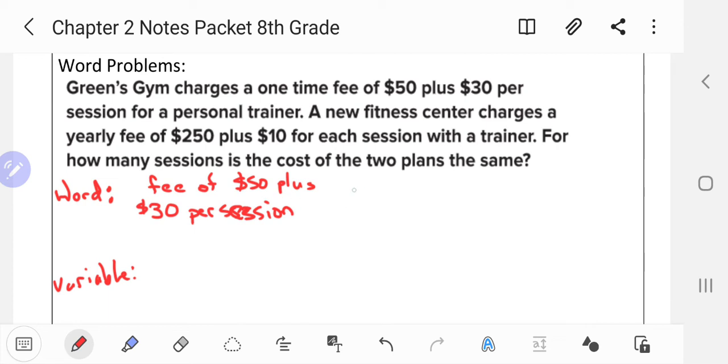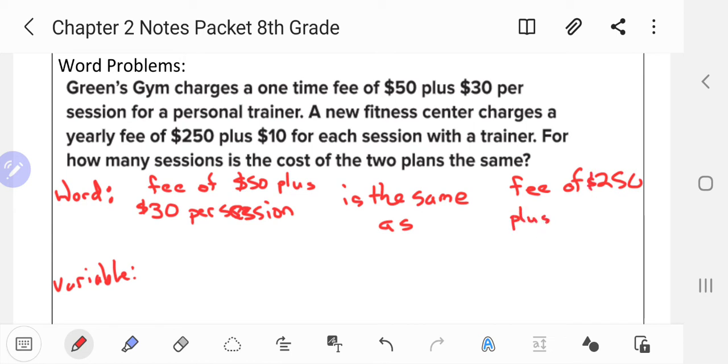And we want to see when that is the same as this new gym, which has a fee of $250 plus $10 per session. All right, write all that down.